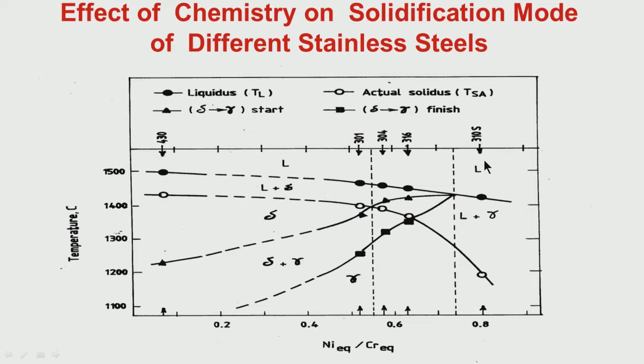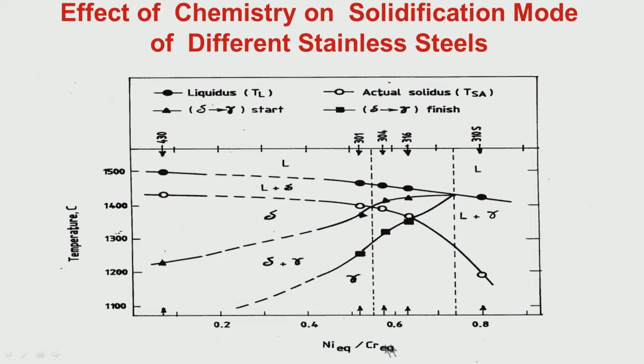Now, like the iron carbon diagram, where less than 0.1% carbon was totally ferritic, here, this is 0.55. Less than 0.55 nickel equivalent by chromium equivalent, only delta. So, you have initially liquid, then liquid plus delta, then delta. Solidification is complete only through delta for nickel equivalent by chromium equivalent less than 0.55.